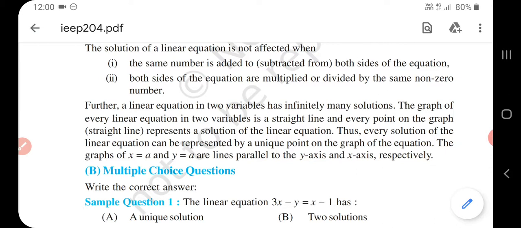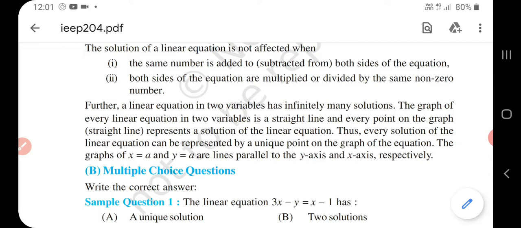Which is the required linear equation in two variables. Okay, understand? Now see, the solution of a linear equation is the value of the variable involved in the equation which satisfies the equation. That is, the value for which the LHS and RHS of the equation are equal is called the solution of the equation.